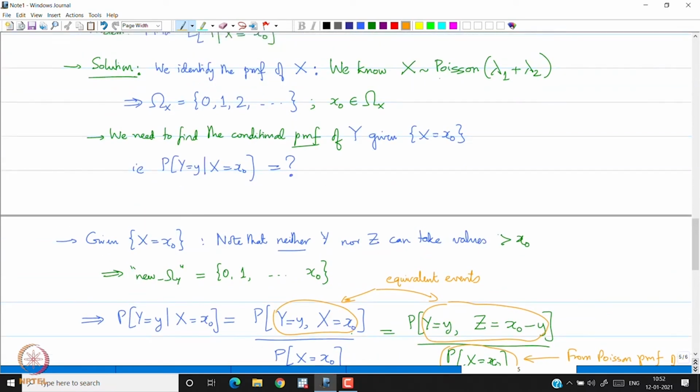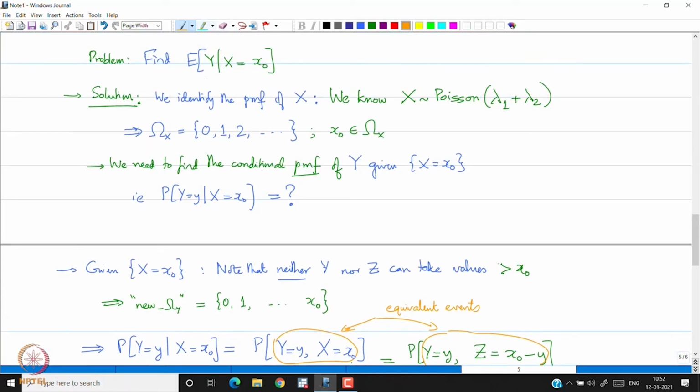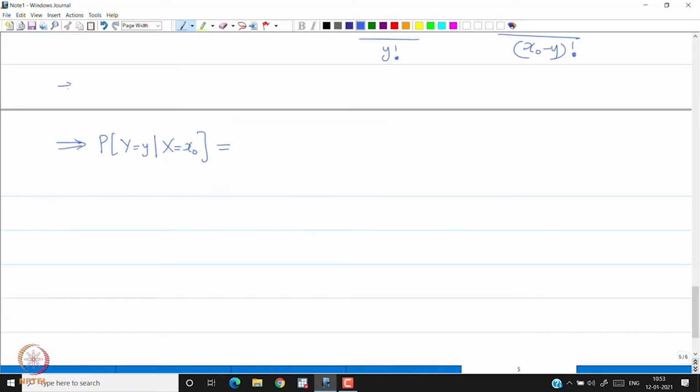So the probability that X equals x naught is basically e to the power of minus lambda 1 plus lambda 2, multiplied by lambda 1 plus lambda 2 to the power of x naught divided by x naught factorial. This also we know from the Poisson distribution of X.